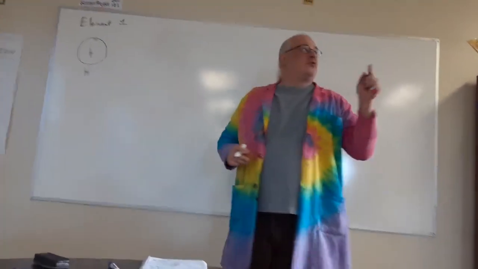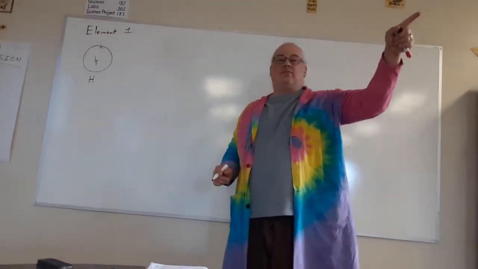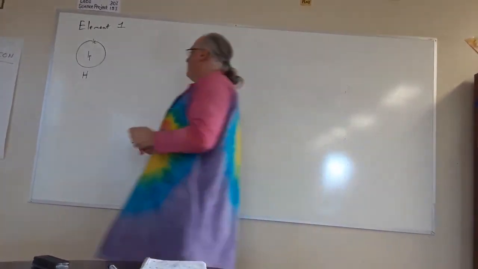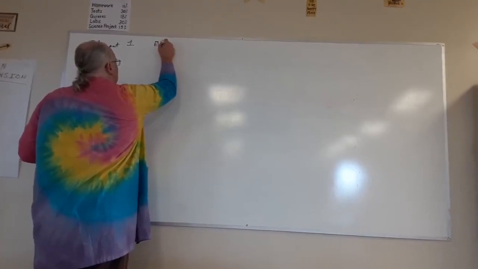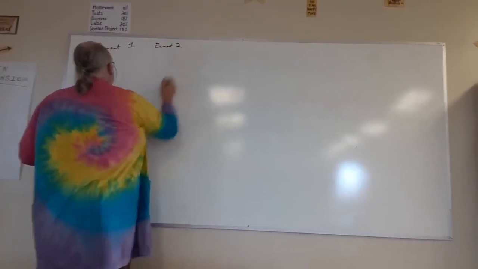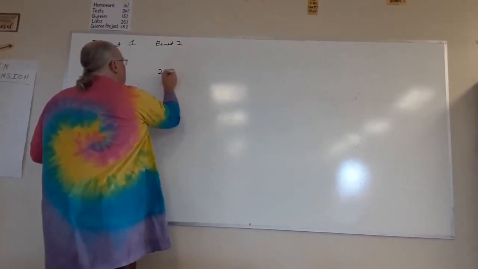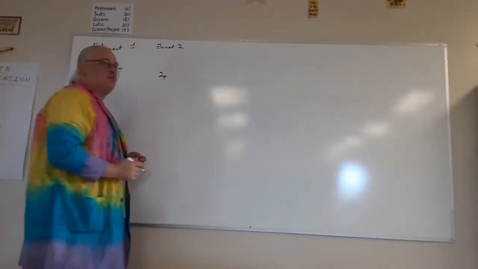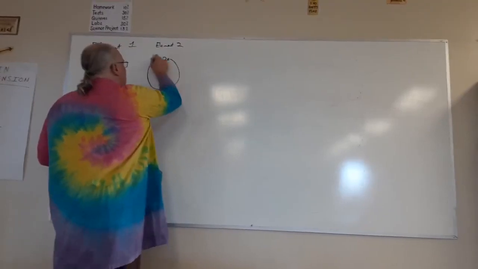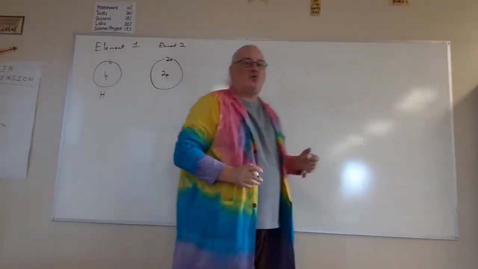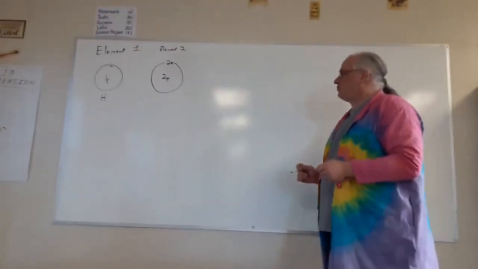Now, element number two then, helium, clear over on the other side. Element two would have two protons in the middle, and around the outside of the atom there are two electrons.